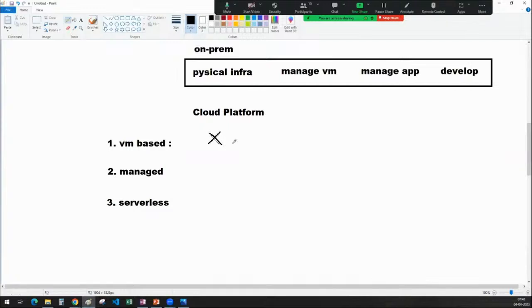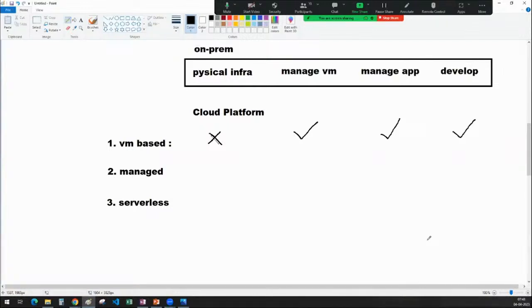In the cloud platform, you need not manage the physical infrastructure, but you have to manage your configuration for the virtual machine. You have to manage your application platform as well as development. VM based services are hosted services, people also call them hosted, guys.